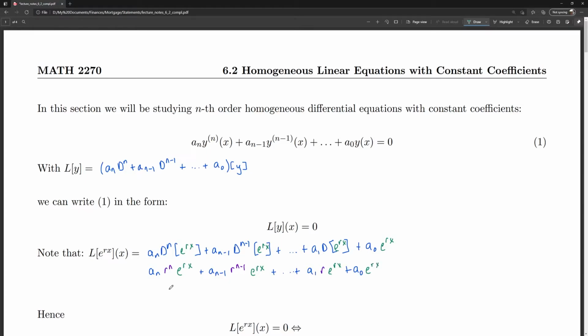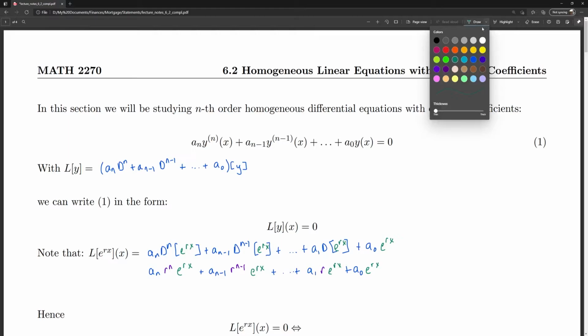Now, what you see is that all of these terms have an e to the power rx in common, so we can factor that out.